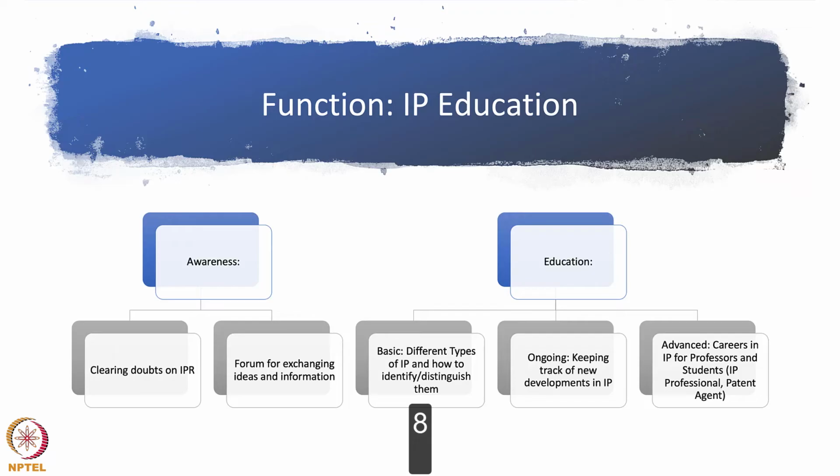And then we have the advanced courses, and the advanced courses are for people who want to make a career in intellectual property rights. So the IP center would not only look at awareness issues with regard to awareness of IP, it would also be looking at IP education.